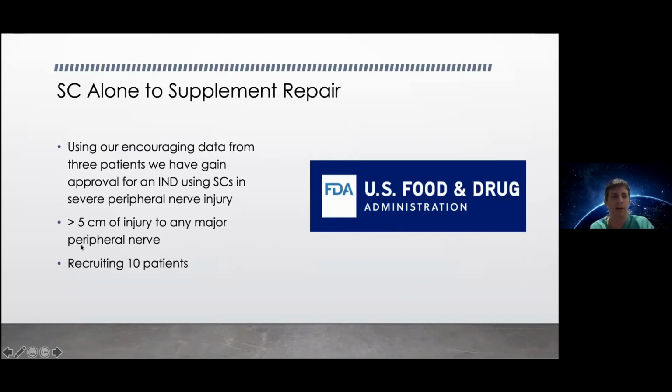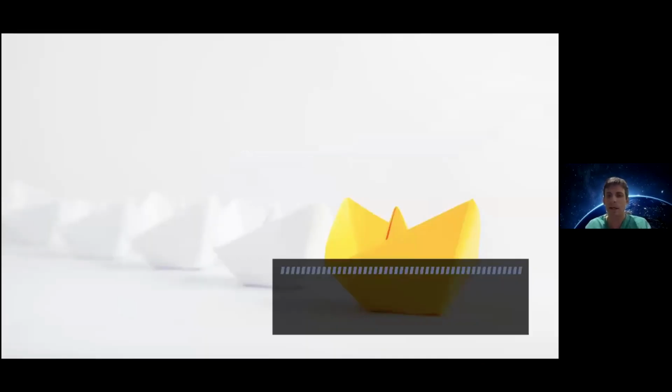Here's our criteria: any nerve injury greater than 5 centimeters, that's where these can potentially be utilized. And I think it's a really nice idea. And if we can optimize how these cells could be delivered, which I'm hoping to work on in the next year or two, then we can probably make a meaningful impact.